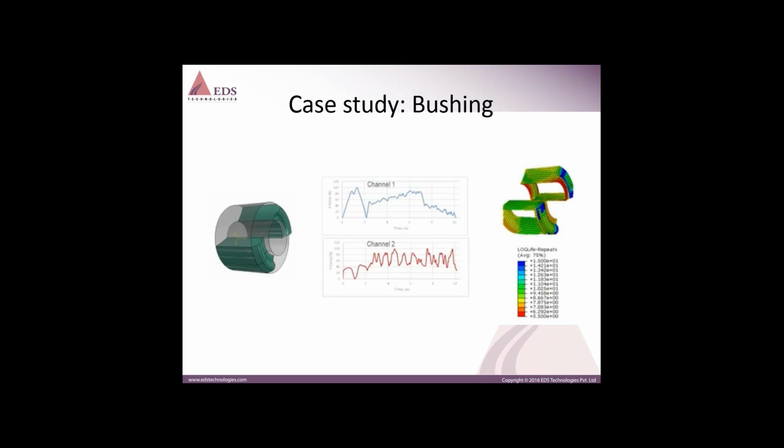After the analysis, you can see the results are plotted only at the surface and highlighted in a red color, and you can see that the crack is generated at around 3 lakh cycles.